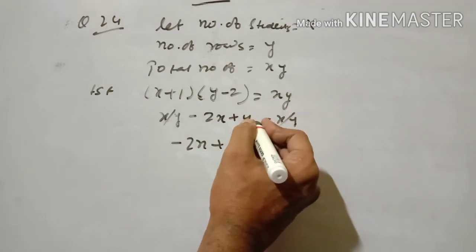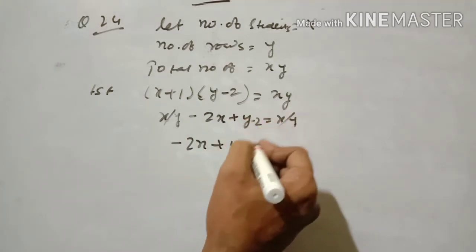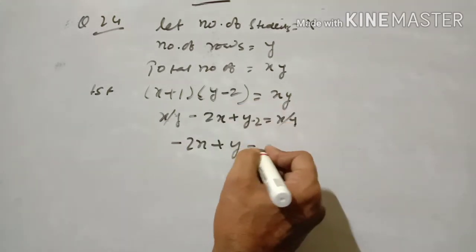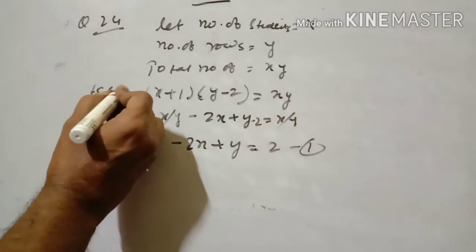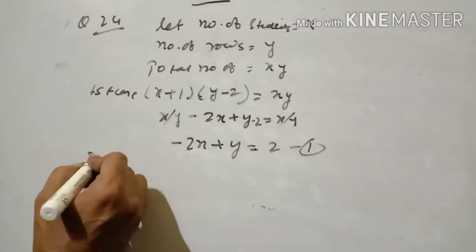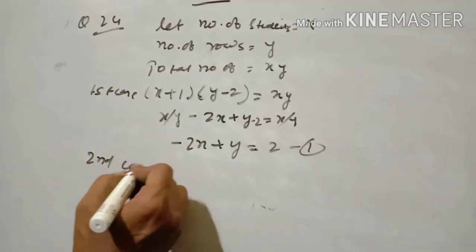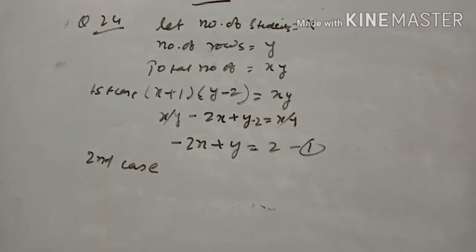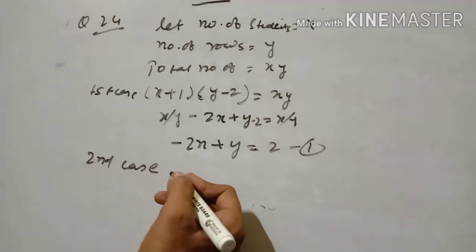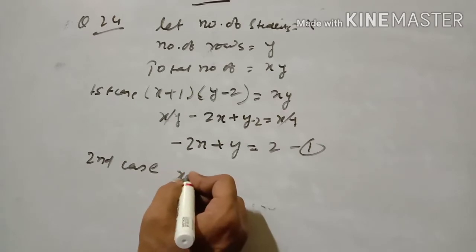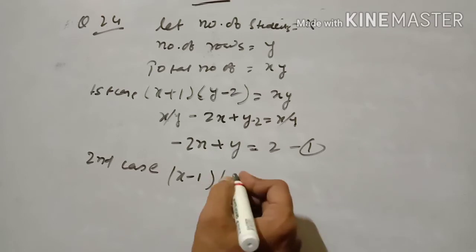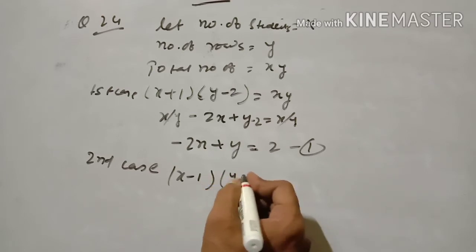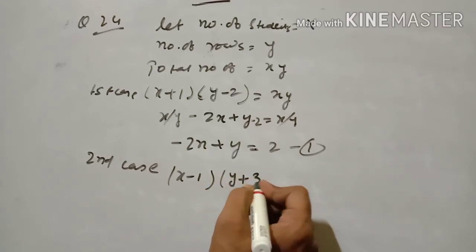So minus 2x plus y minus 2 equals 0. Minus 2 is there, yes. Take minus 2 to this side, it will be plus 2. Let it be equation number 1. This is the first case. Second case: if one student is less, means x minus 1, then 3 rows will be extra, means y plus 3.